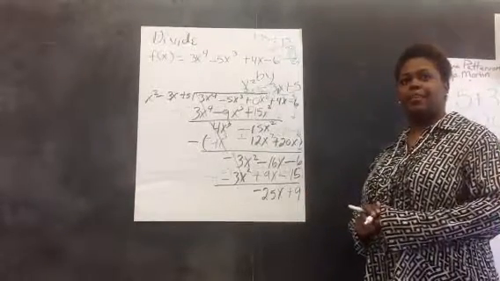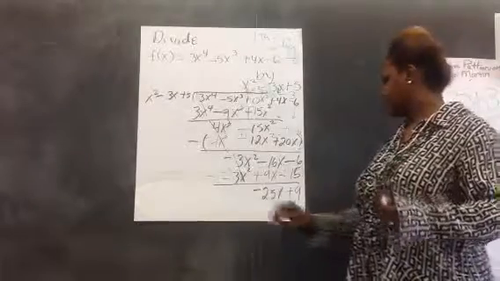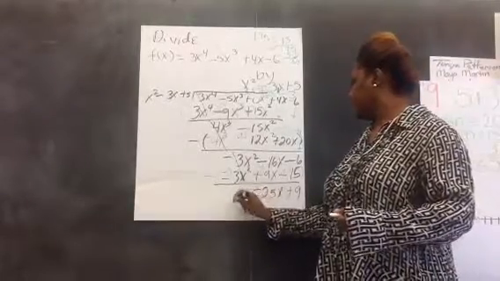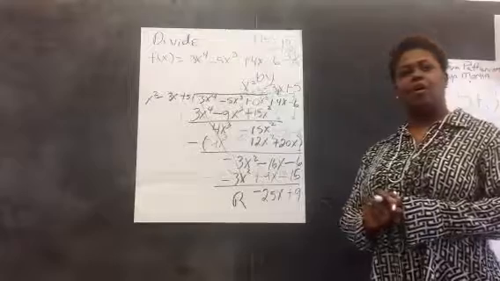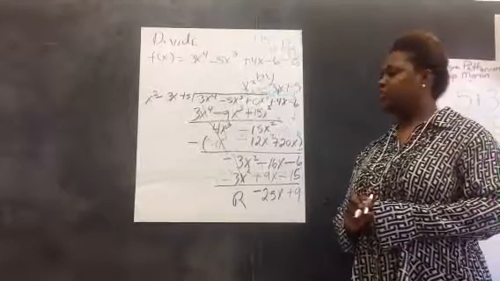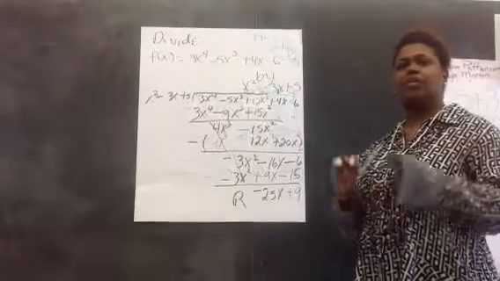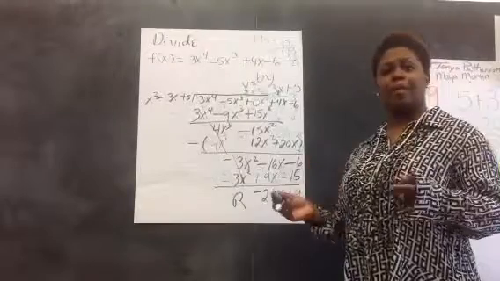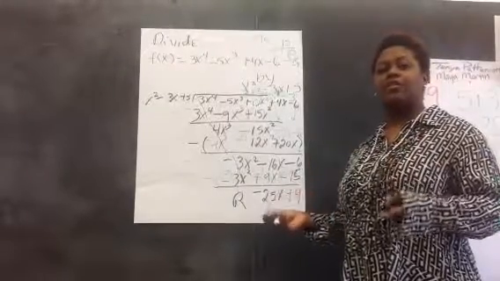Okay? That would be my remainder. That's my big R. But in order to solve it by long division, you have to have it in the form of the quotient plus the remainder all over the divisor.